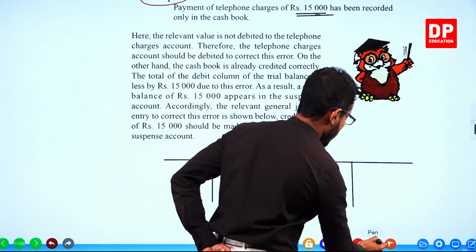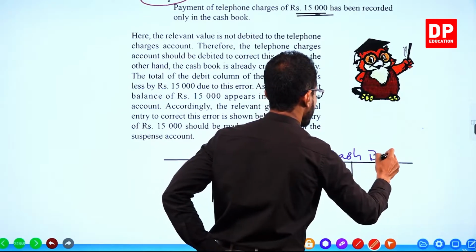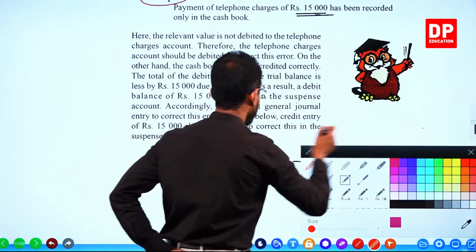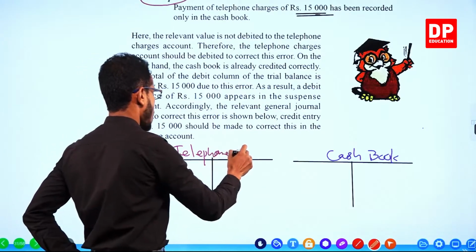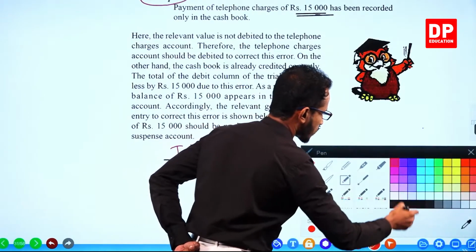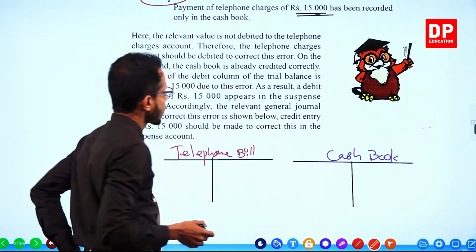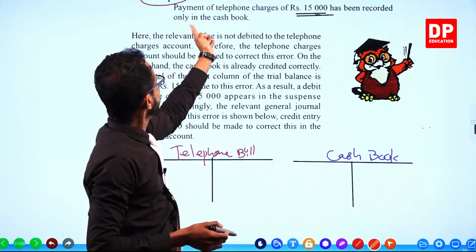Let's take this as the cash book. Let's take this as the telephone charges, telephone bill account. In the cash book it's recorded.